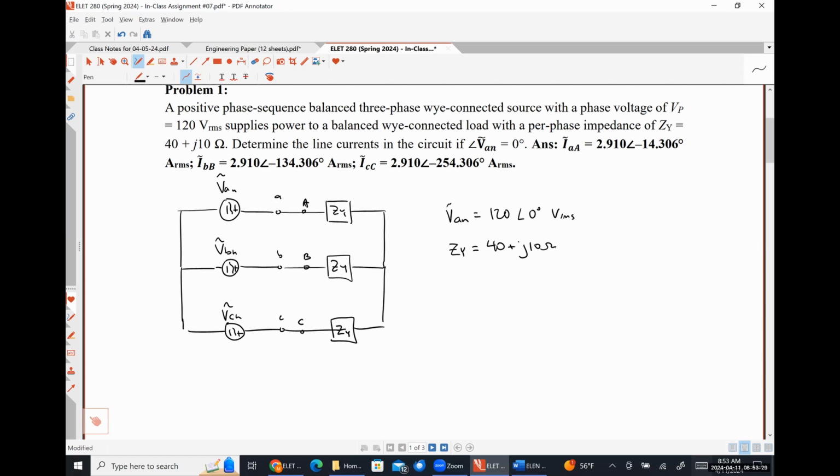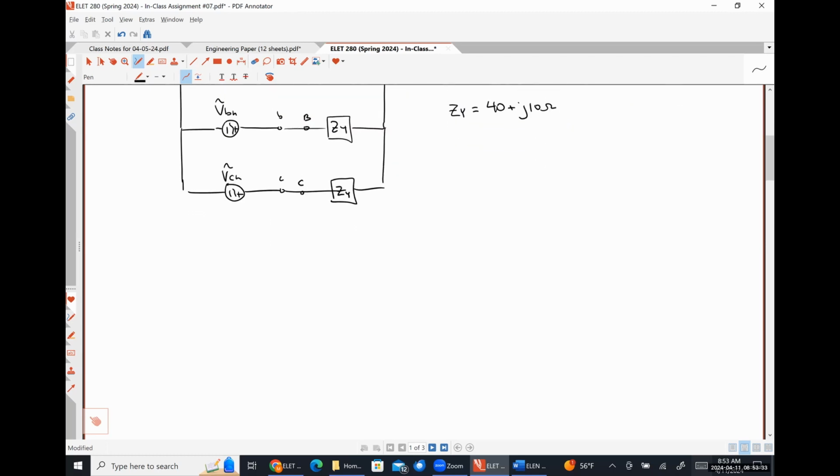So from this, let's construct our single phase equivalent circuit.